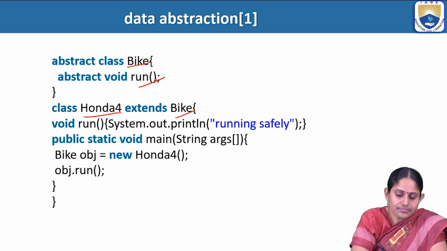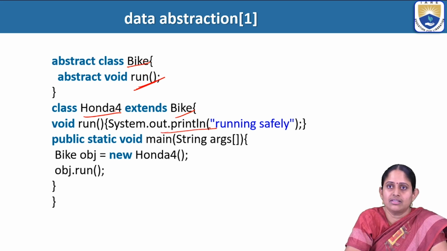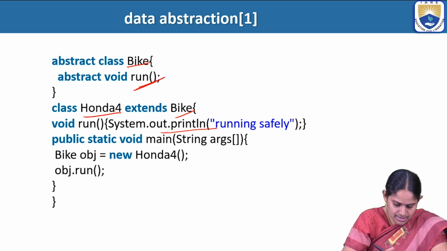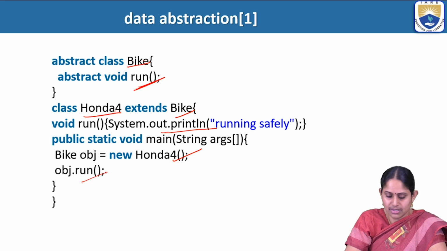Since Honda 4 is inheriting Bike, this run method has to be given some implementation, so it is giving some body. And we are creating an object of the Honda class and invoking the run method.